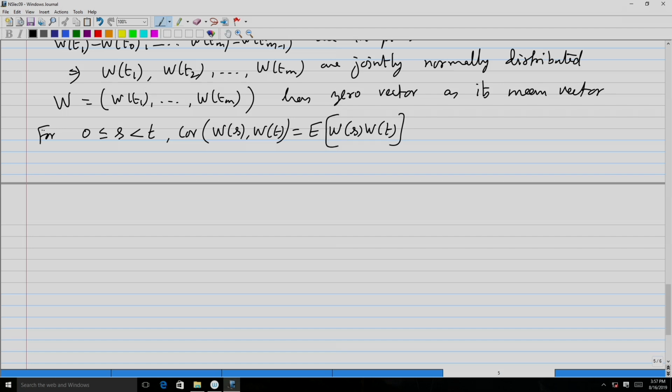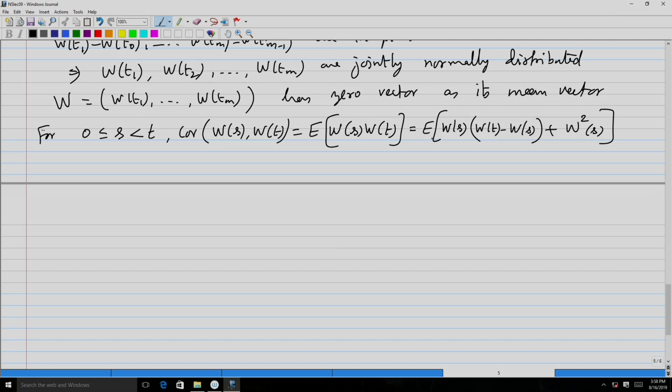These are not independent, so you really have to evaluate it, but in a convenient way you can write this as Ws times (Wt minus Ws) plus Ws squared. So what I do is add and subtract Ws to this Wt.